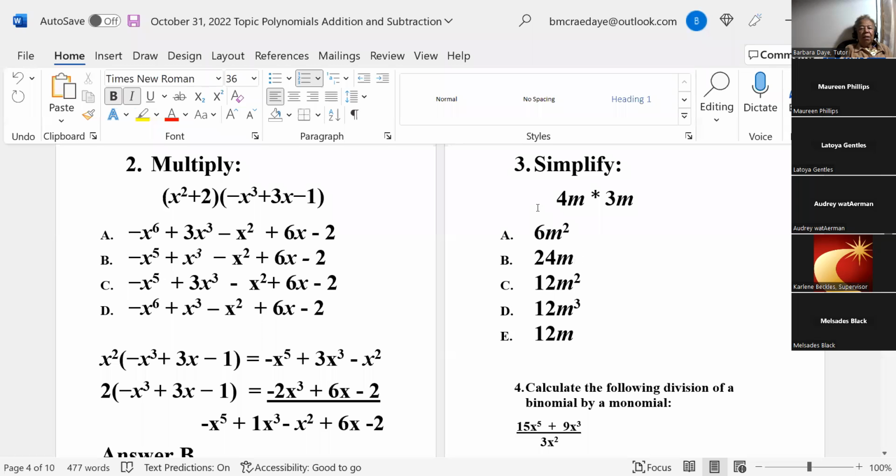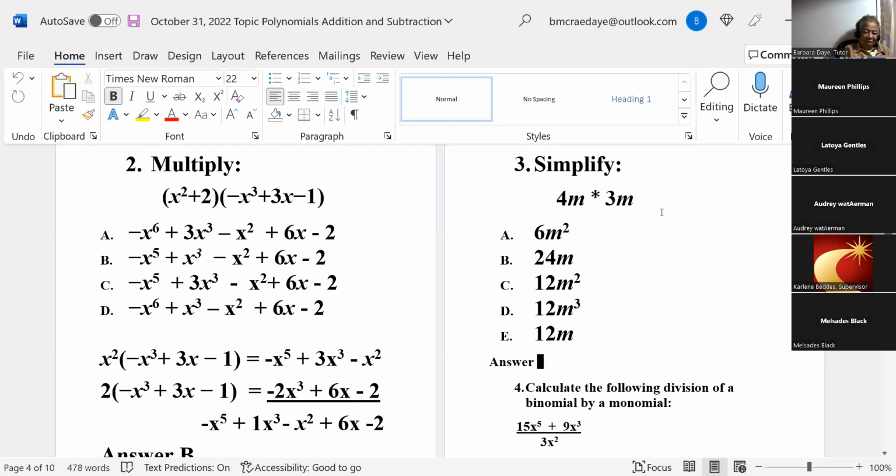Yes. Okay, now simplify 4m times 3m. Okay, Mercedes, what's your answer? That's E. E as in Evelyn? Yes, ma'am. No. Remember your exponent rules. What do you do when you're multiplying? You add. So you have m to the 1 and m to the 1. What's 1 plus 1, Mercedes?